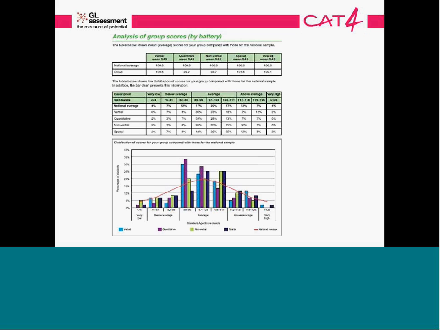From that, where there are differences between the bars and the line, we can see where our particular cohort has greater numbers or smaller numbers than in the UK distribution. If you're able to do it in the visual form, you can see how differences within the 4 batteries are represented against this UK distribution. If you're more into seeing a table of data, that data is shown in the table above it, against that national average.